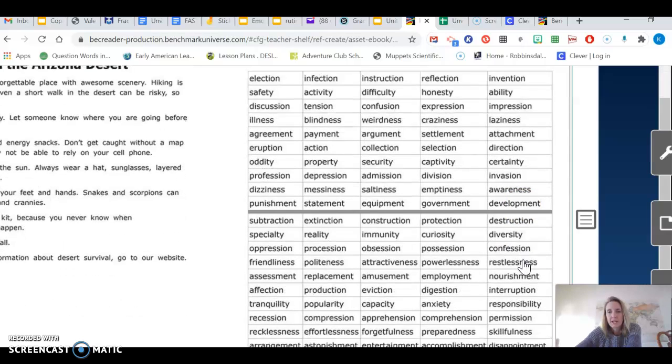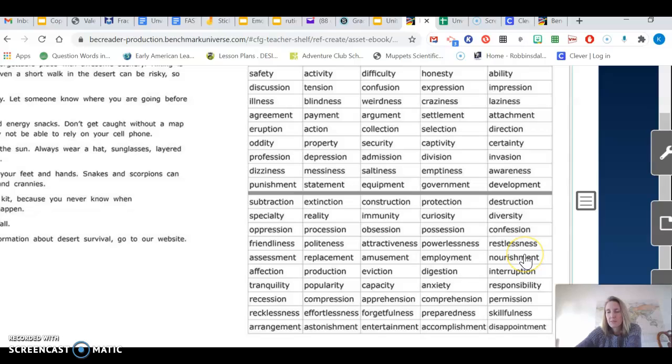All right. And I'm going to do the same thing below the gray line.